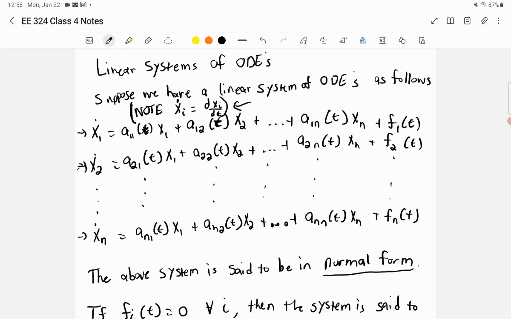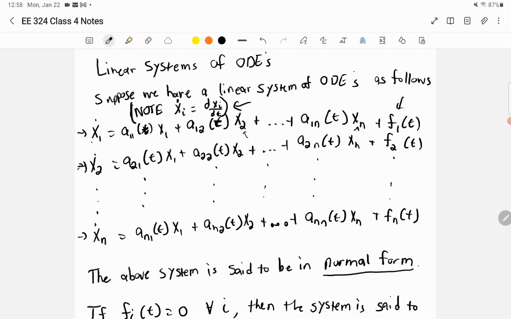And there is some relationship between the ODEs. That's why it's a system, right? So in the first ODE, we have a term that's related to the second ODE and the nth ODE over here, and so on.